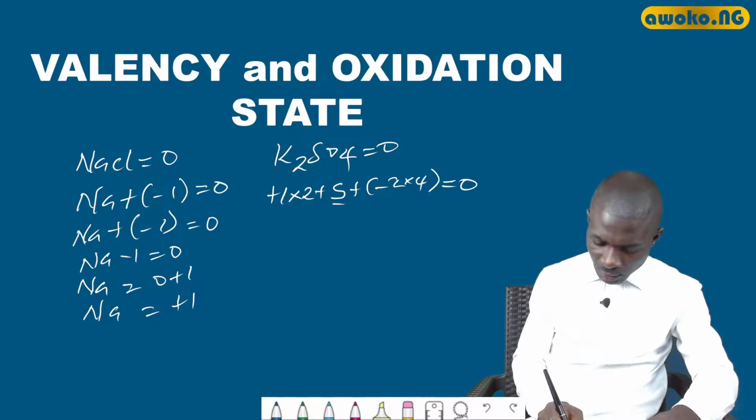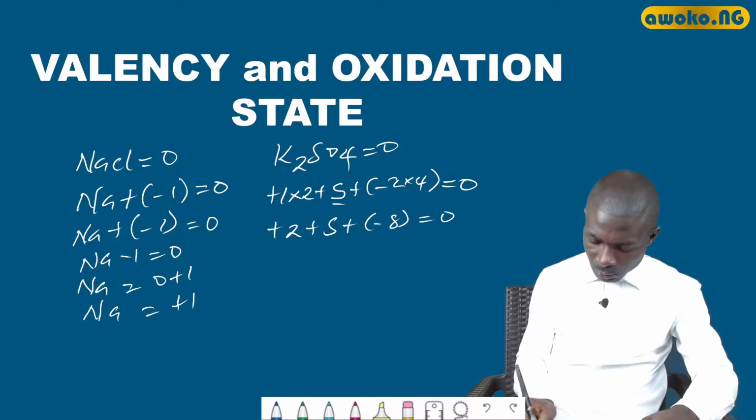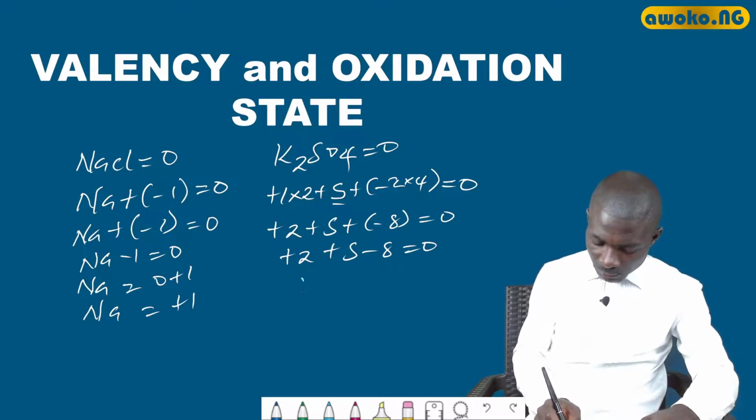So I have here +1 multiplied by 2 will give me +2, plus S, which is the subject of the formula, plus bracket -8 equal to 0. So I have here +2 plus S plus -8 equal to 0. So I have S is equal to, by collecting like terms, 0 plus 8 minus 2.